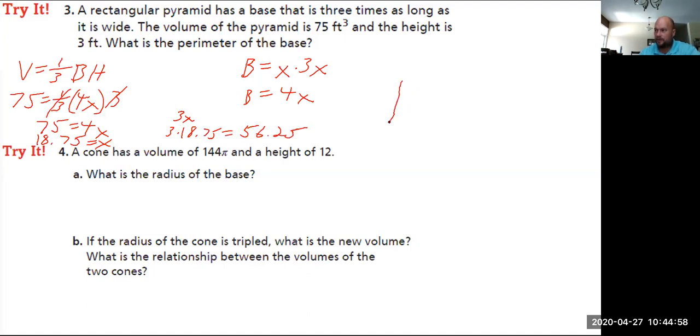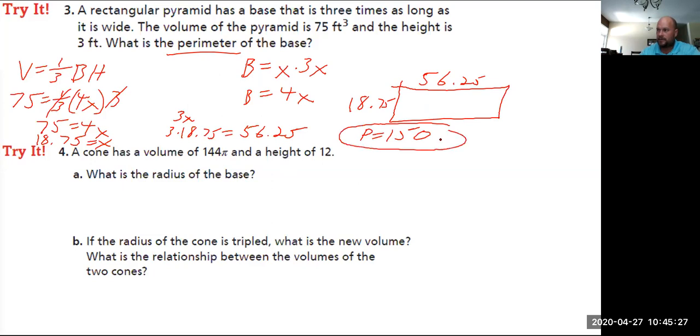So if you're picturing this rectangle, now I have side lengths of 18.75 and 56.25. Again, they want the perimeter, so we need to add those both twice. So that's a total of 150 for our perimeter. If you add up all the sides, the perimeter is 150, and this is in feet.